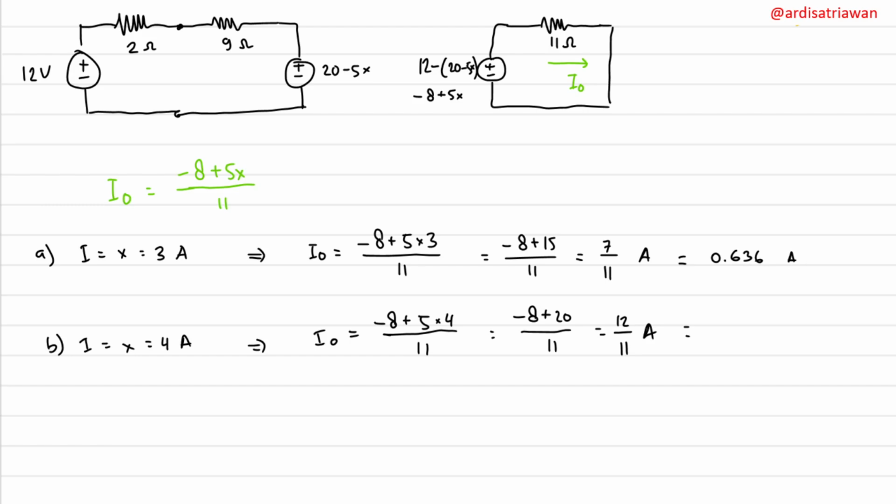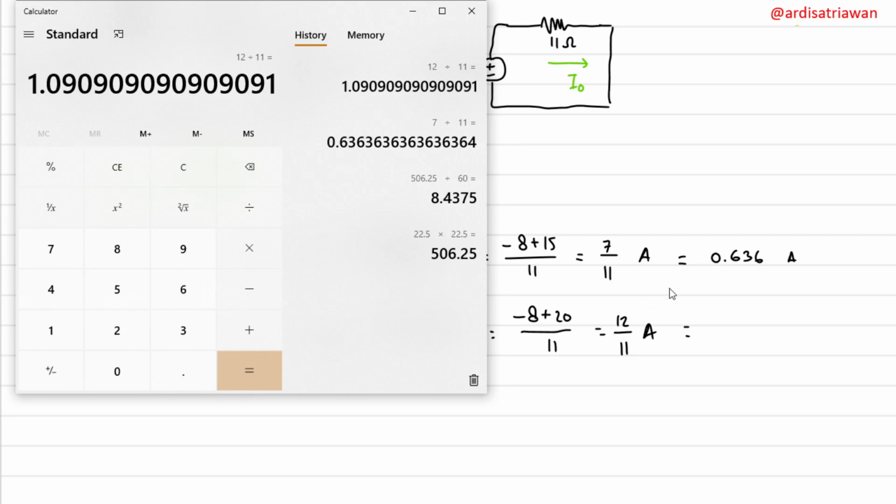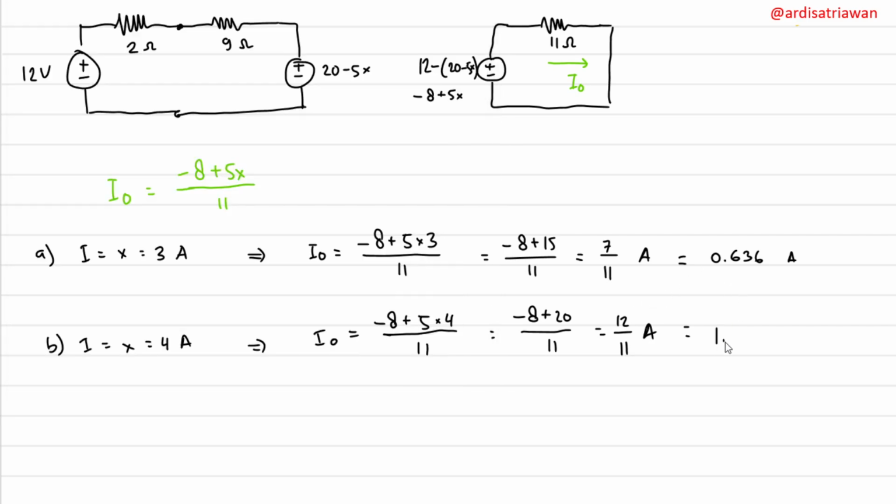And then for the B, I will have 12 divided by 11. I will have 1.09. So this is the final answer of the questions.